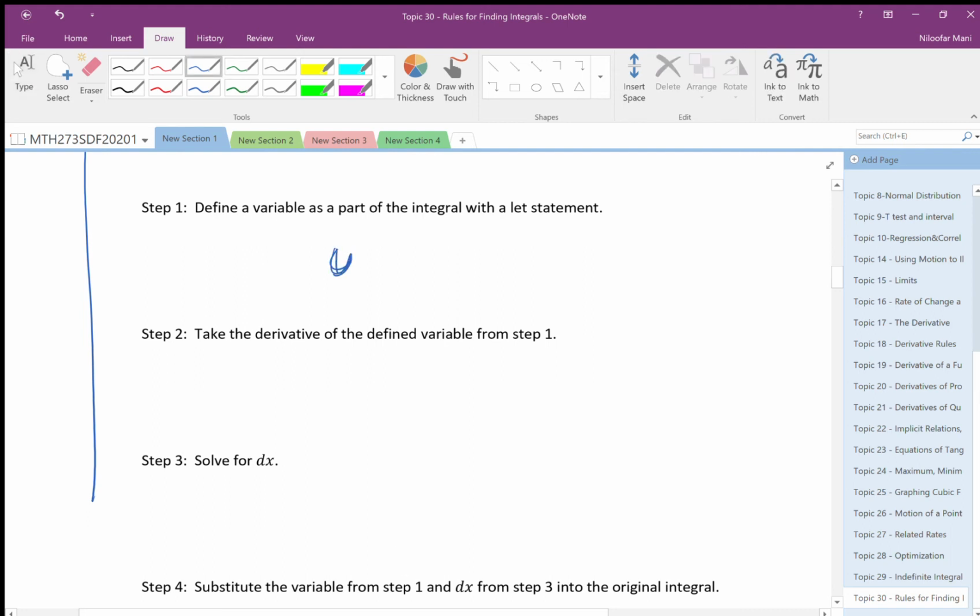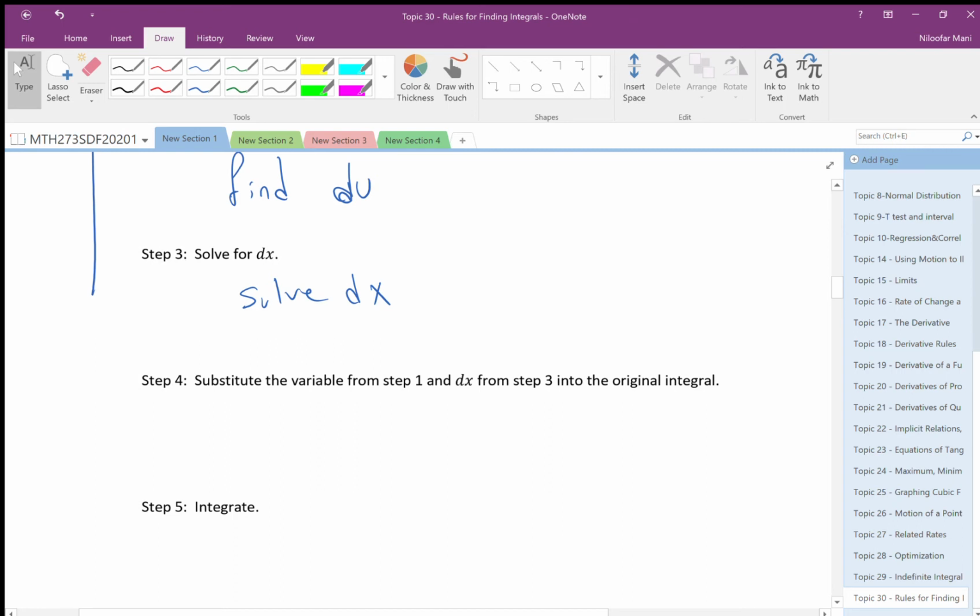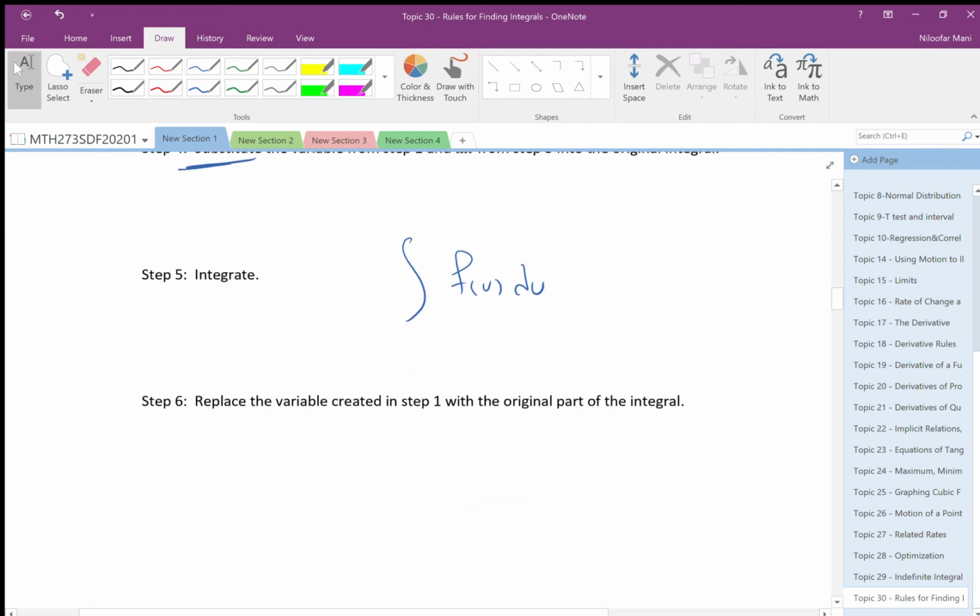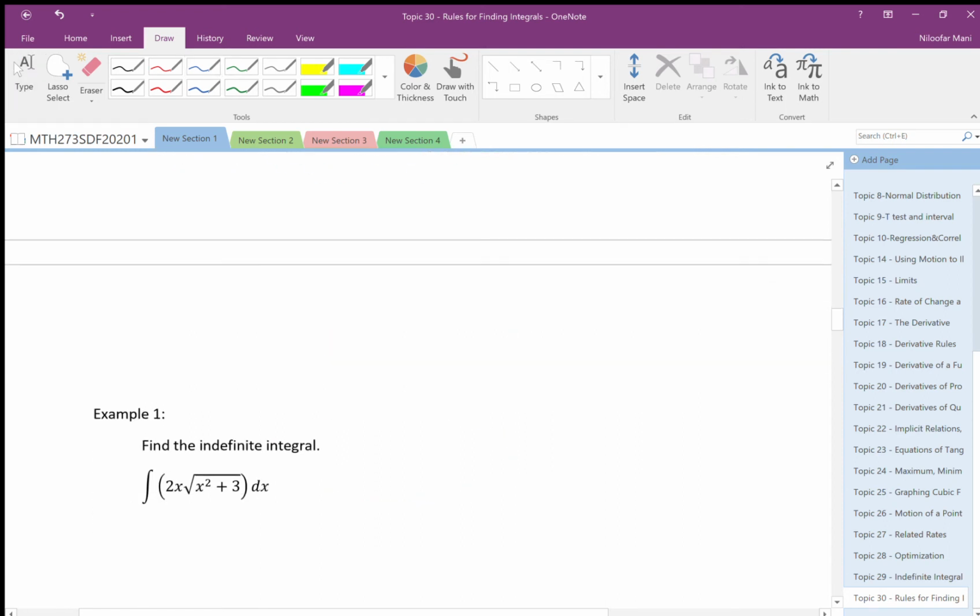Okay, and then you find du, and then solve for dx, and then substitute. Okay, and then integral will be just based on u. You can find the answer, and then again you go back and substitute. Okay, so this is all I did in the question.